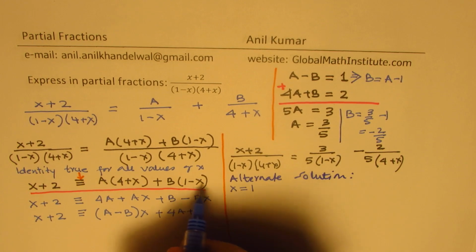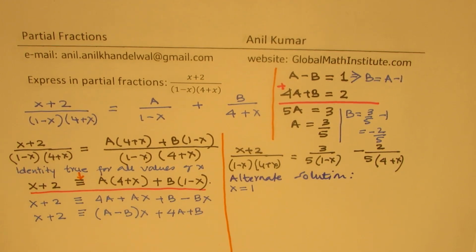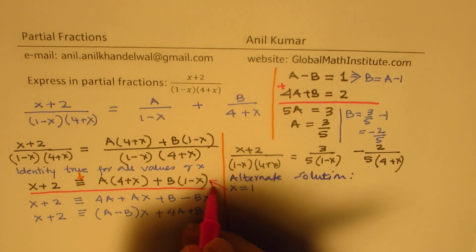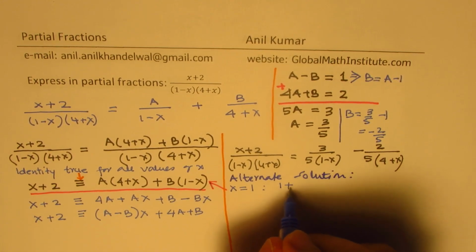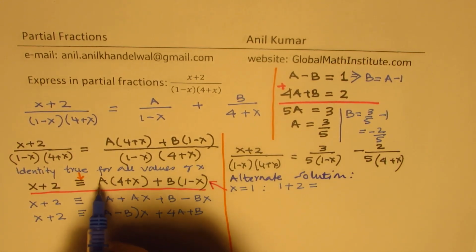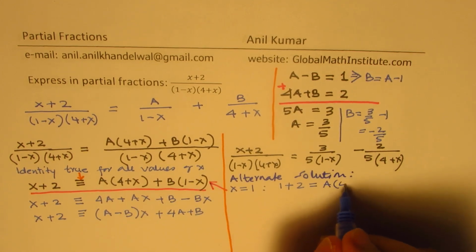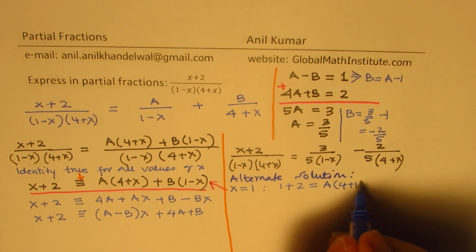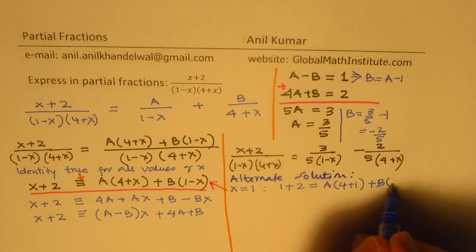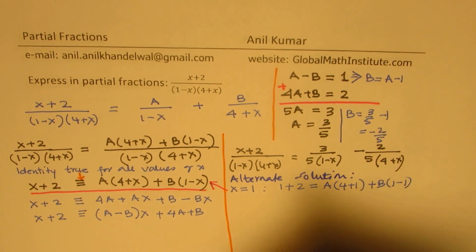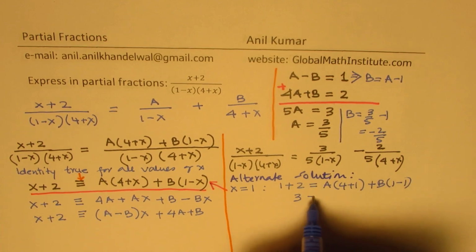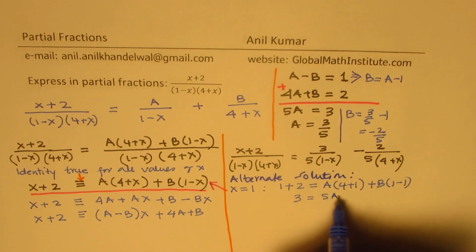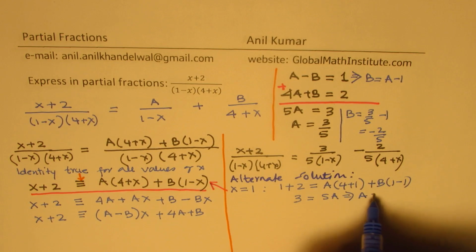If I substitute x equals 1 here, then what happens? We get 1 plus 2 equals a times 4 plus 1 plus b times 1 minus 1. Now 1 minus 1 is 0, right? And therefore, we get 3 equals 5a, which gives you the value of a as 3 over 5.